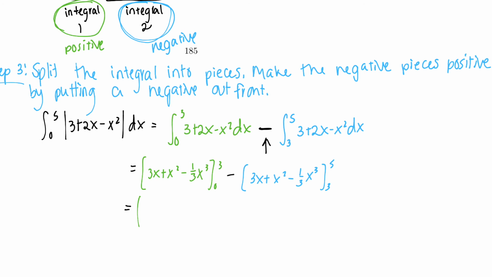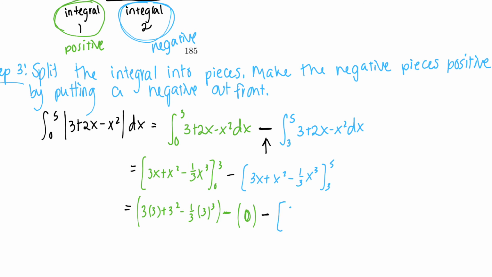So plugging in 3 times 3 plus 3 squared minus 1/3 times 3 cubed, minus, we know this is going to be 0, right? I'm just going to write 0. When you plug in 0 to all those x's, you're just going to get 0.